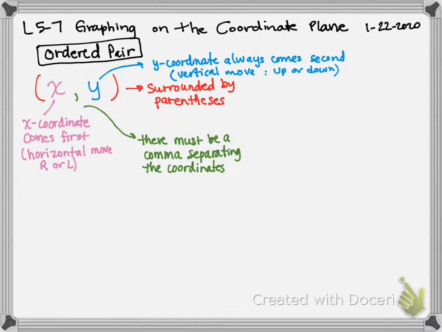And now I'm going to do a brief review of the graphing piece. I'm going to be really brief. So to graph, we're going to go from the origin to the x coordinate.